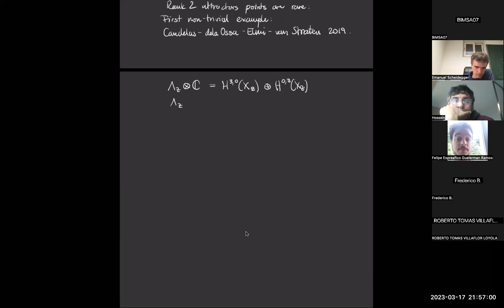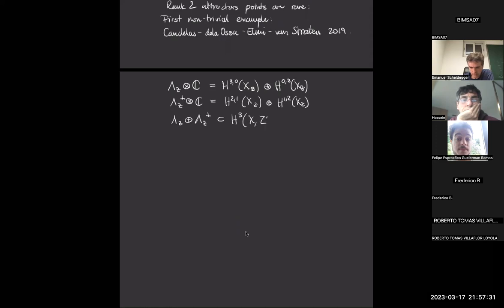Then we can look at the orthogonal lattice with respect to the polarization Q that I introduced before, and then this must be H^{2,1} plus H^{1,2}. So what we see is that lambda c plus lambda c orthogonal forms a lattice inside H^3 of C, and one can check that it is of finite index.